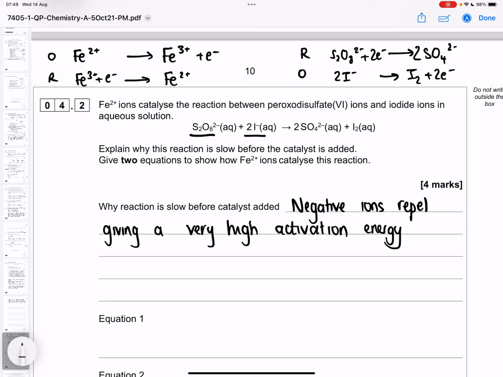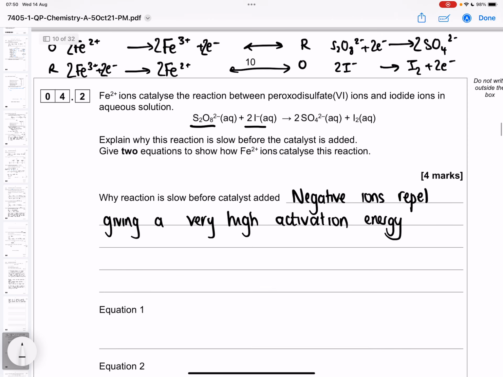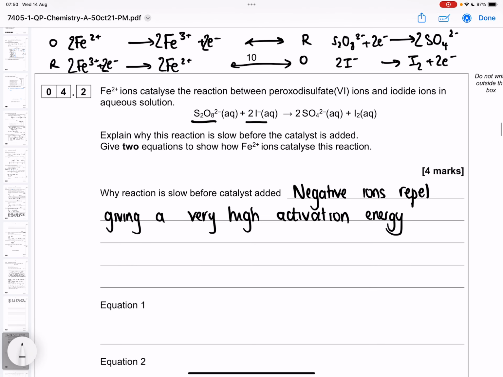So if we were trying to use this information to come up with the 2 equations, we can see that if we combine the top 2, obviously doubling the Fe one so that we have 2 electrons in each, and we're going to do that on the bottom one as well, and then we combine the bottom 2, we will have 2 sets of equations starting with Fe2+ and ending back with Fe2+. So I'm going to combine the top 2.